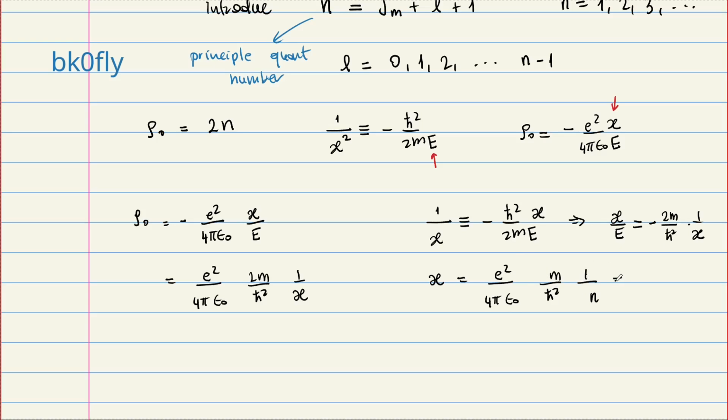And I want to introduce the so-called Bohr radius. So this is a Bohr times n, where a Bohr is 4 pi epsilon naught h bar squared over m e squared.